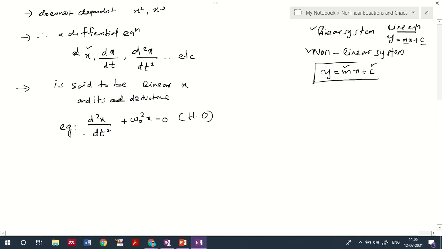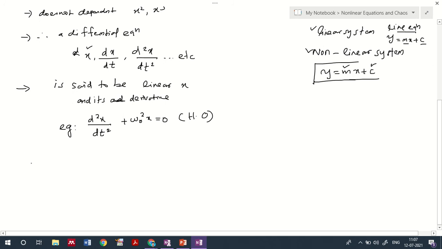Okay, so this is a linear equation. You can see that d square x by dt square varies with the change in x with respect to time, plus omega 0 square x. So this is a linear equation representation.